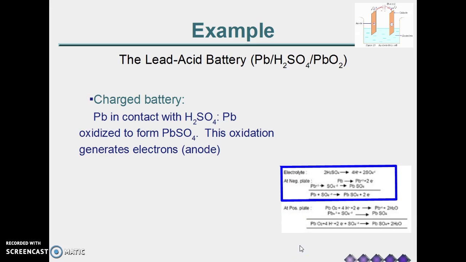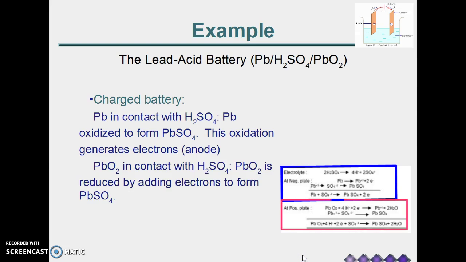Lead then is oxidized at this anode to form lead 2 sulfate, and the oxidation of course generates electrons. Lead dioxide coats the other electrode. It is also in contact with the sulfuric acid electrolyte. Lead dioxide then is reduced from the +4 lead to +2 lead, as you find in lead 2 sulfate, by adding electrons.